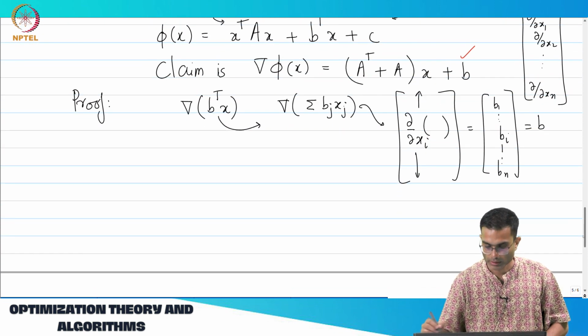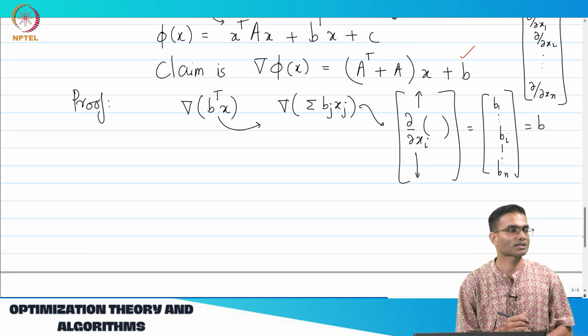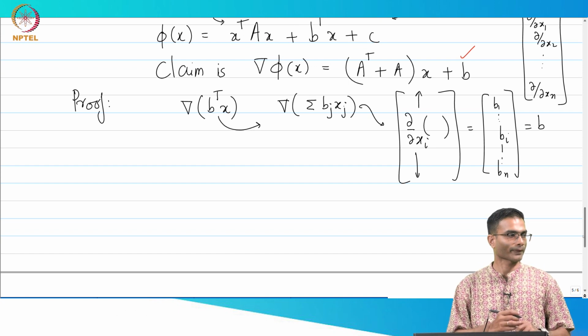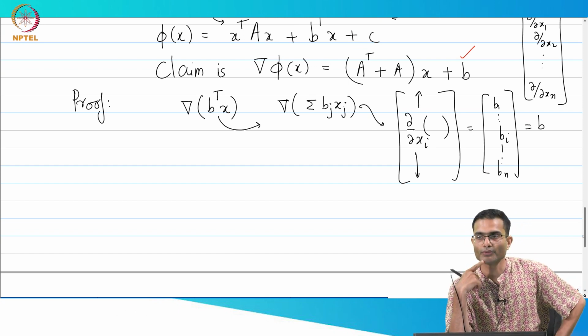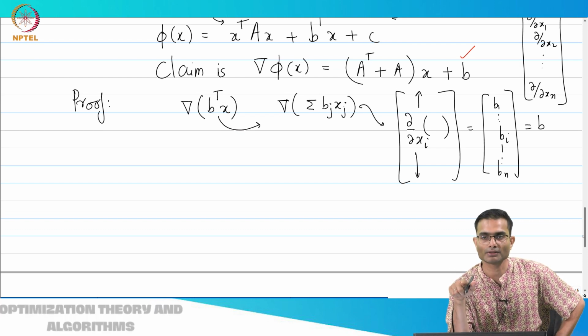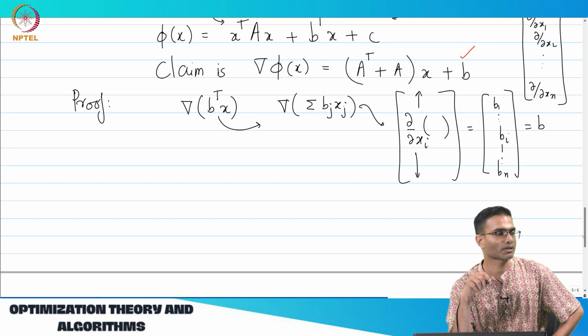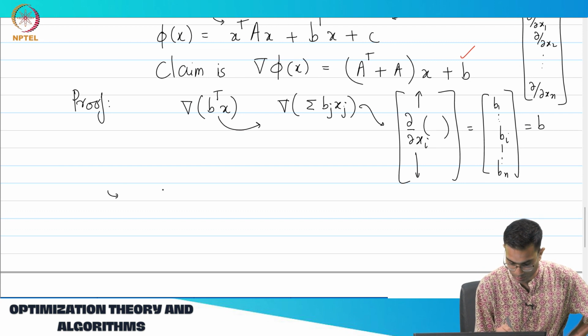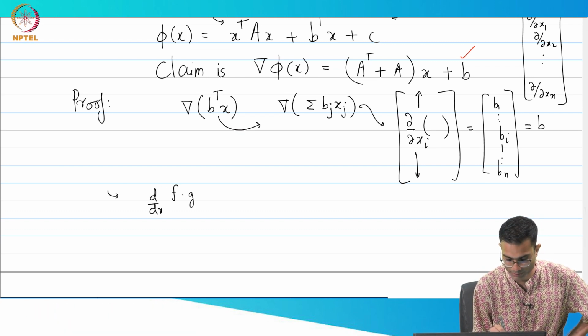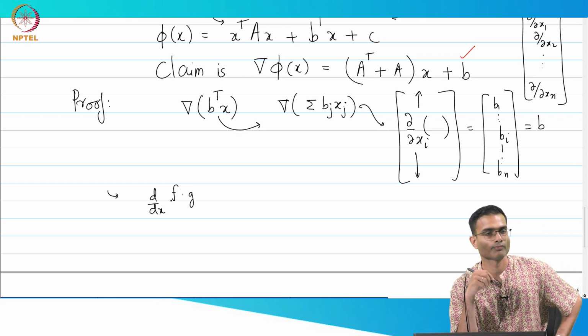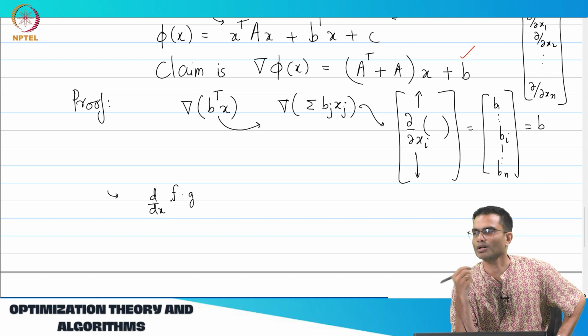Okay. Now we need to look at x transpose Ax. Let's just build some intuition. When you did simple one-dimensional calculus and you encountered something like f into g and you wanted to do d by dx of this, what did you do? Product rule, you could say.